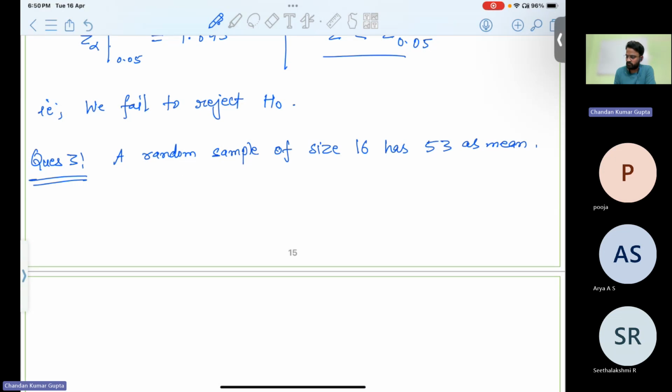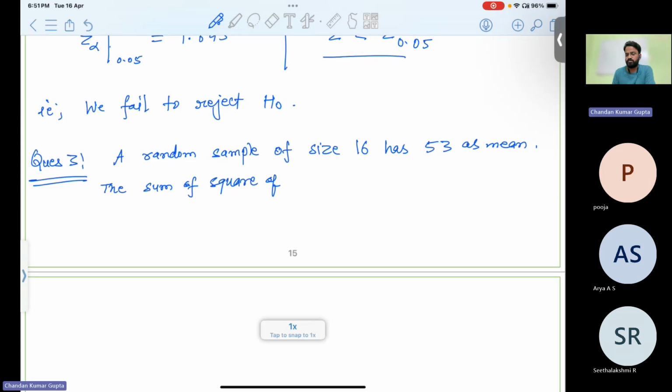The sum of squares of deviations from mean is 150.